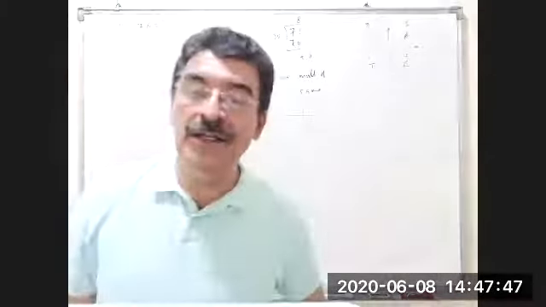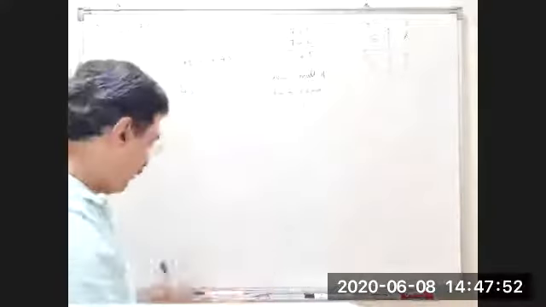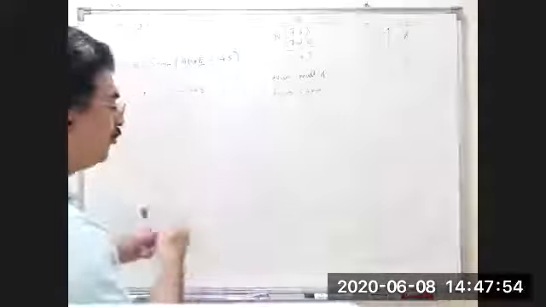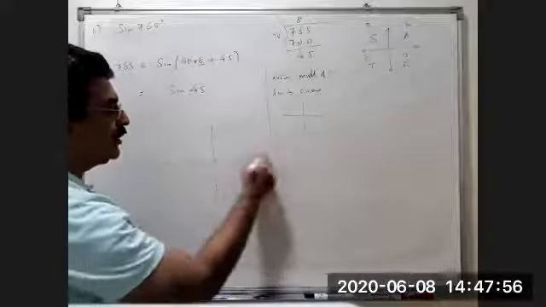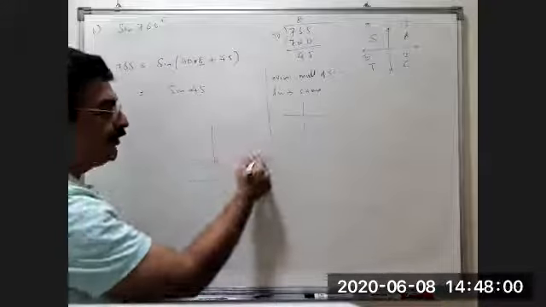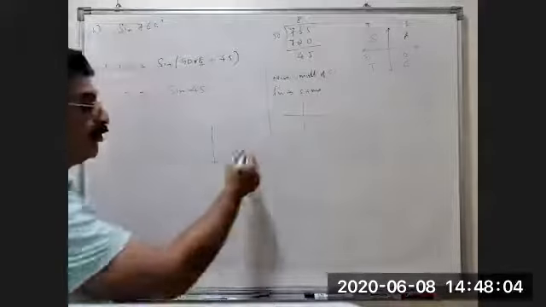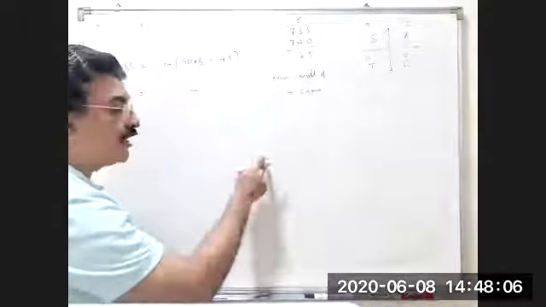90 into 15. 90 into 4 comes here. One more time means 8. One more time, 12. So 90 into 12 comes here at 0.